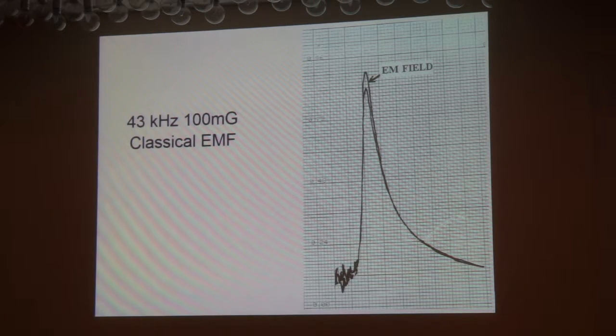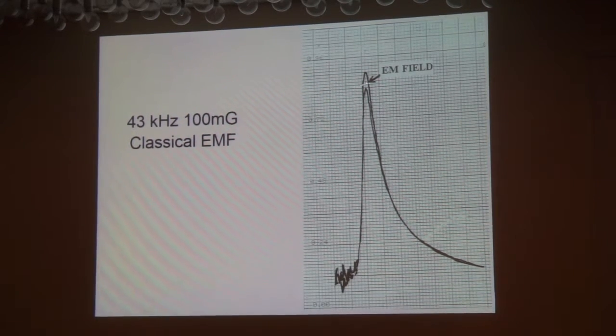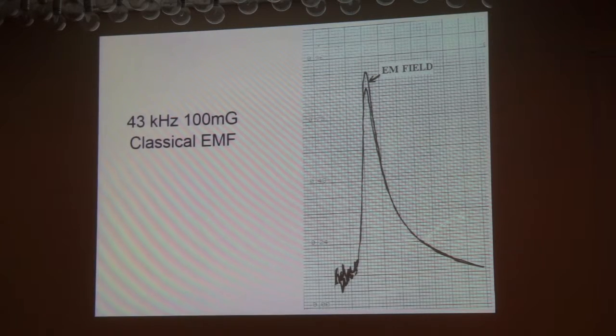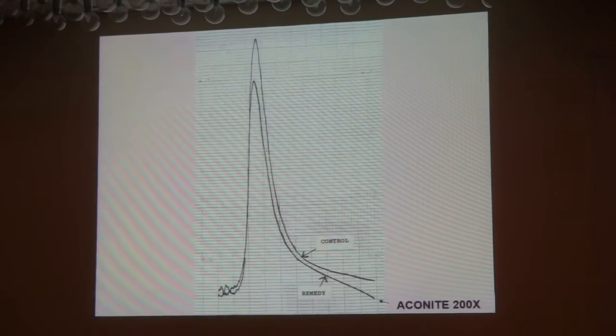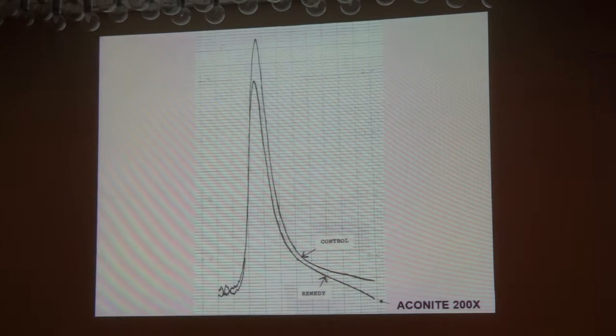I use 43 kilohertz because it's one of the resonance frequencies of water. And you can see that the effect we observe is primarily with the amplitude only, and it's a relatively small effect, but real. In contrast, here's a homeopathic remedy where you can see the pattern information is very different.